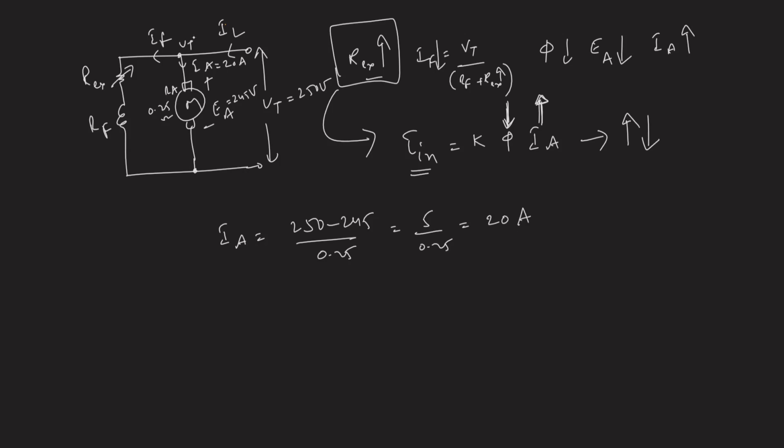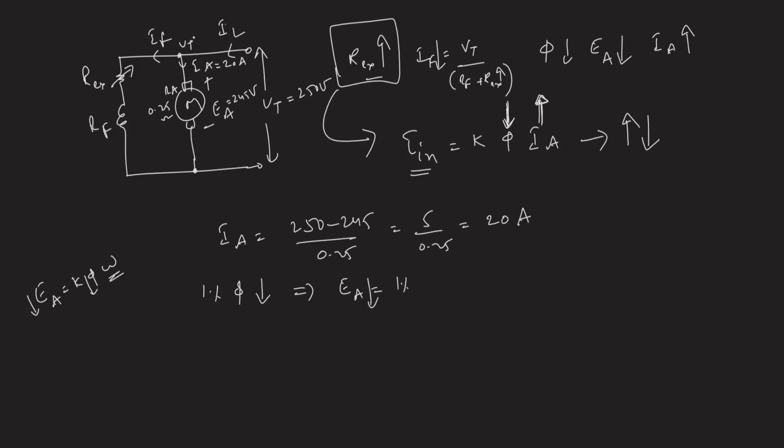Now suppose 1% of flux is reduced. EA is equal to K, phi and omega. I assume that the speed is initially constant. So flux is reduced by 1% means EA is also reduced by 1%.